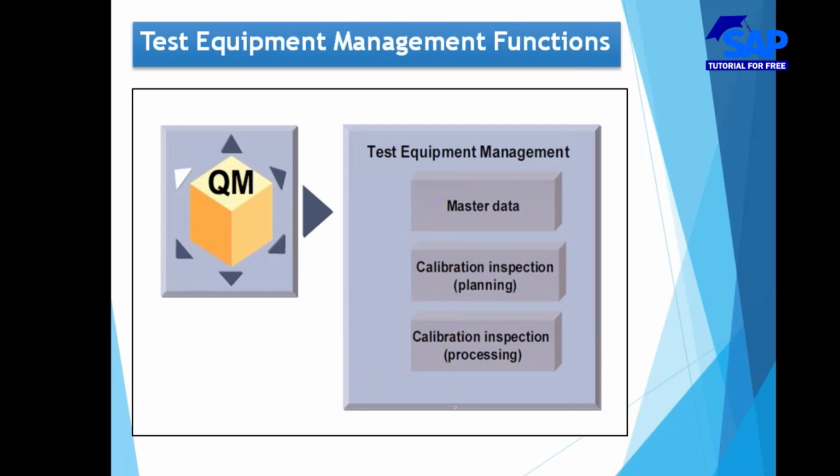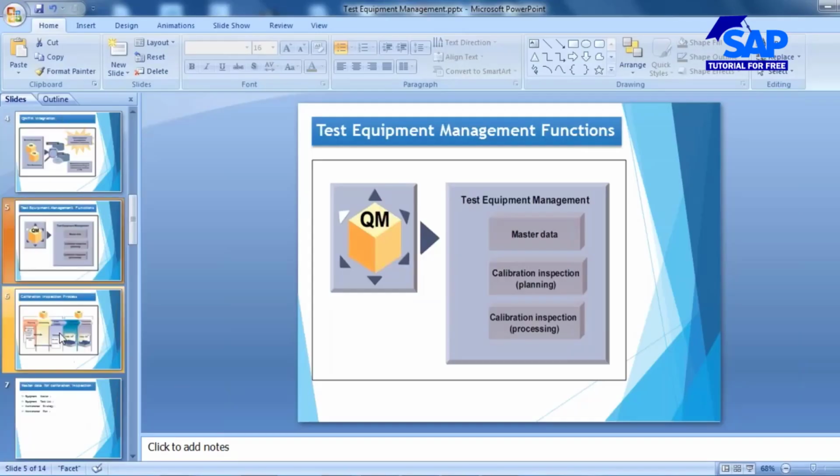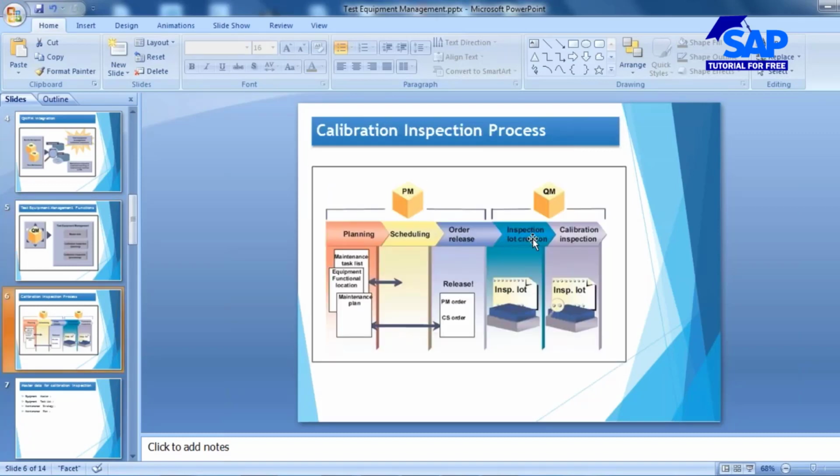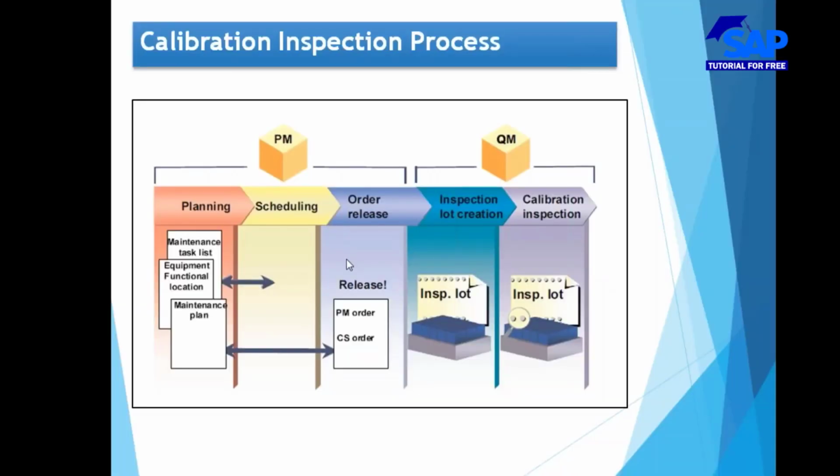So this is the basic flow in detail. You create all the required master data: maintenance plan, equipment creation, maintenance task list, and everything you will create in the plant maintenance module.